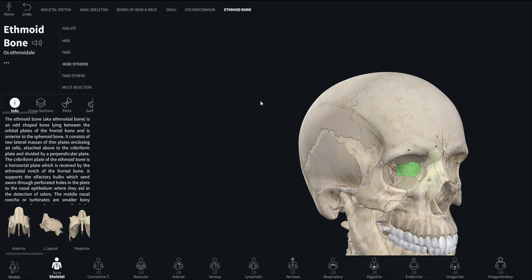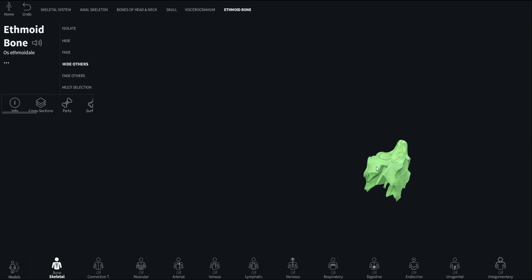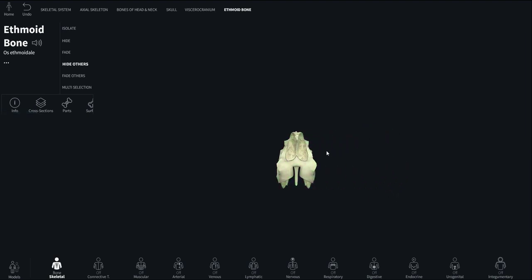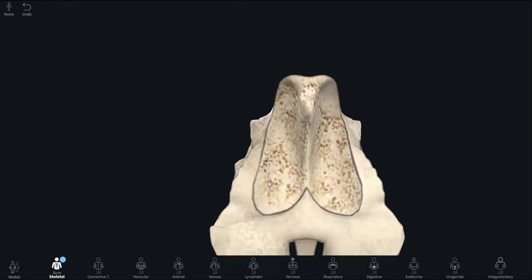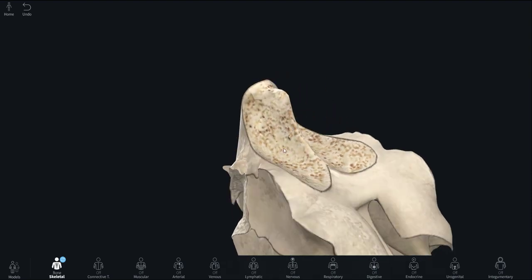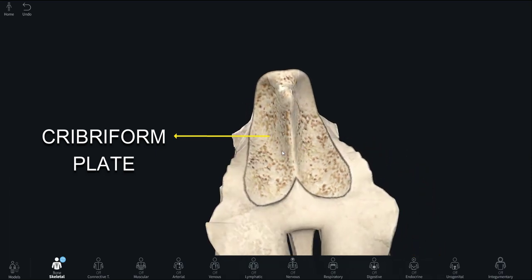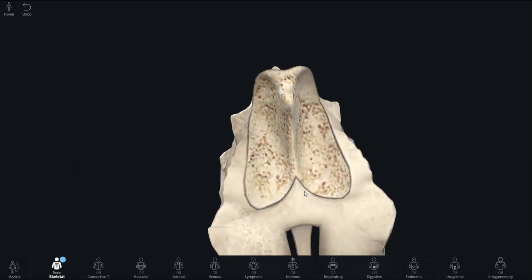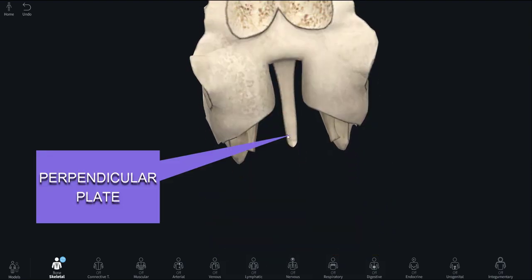This is the ethmoid bone, and this is the superior aspect of the ethmoid bone. Now you can demarcate this area, which is filled with perforations and holes. This is what we call the cribriform plate of the ethmoid bone. And as I have already mentioned, this over here is the perpendicular plate.